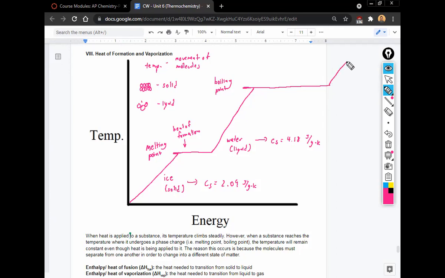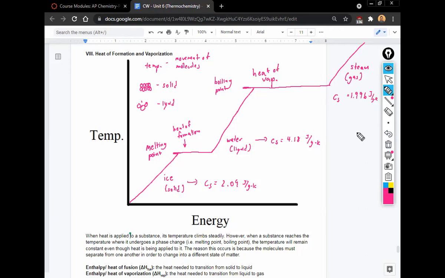So the boiling point is not going to increase in temperature until all of the molecules are broken apart. And we call that the heat of vaporization. I just say vap. Okay, and this is where we go into steam, or the gas phase. And the specific heat is going to be 1.996 joules per gram Kelvin.